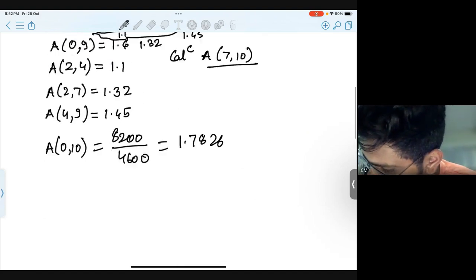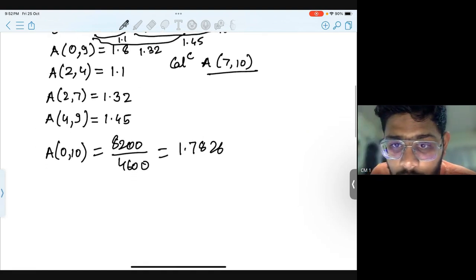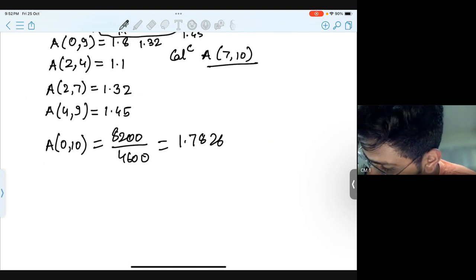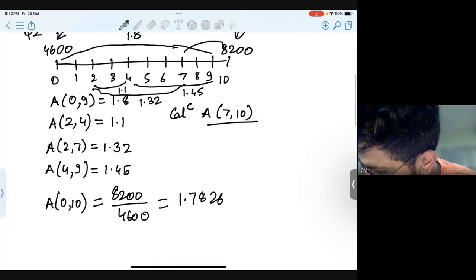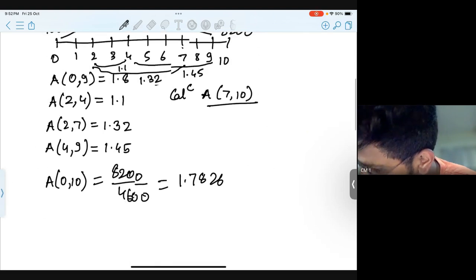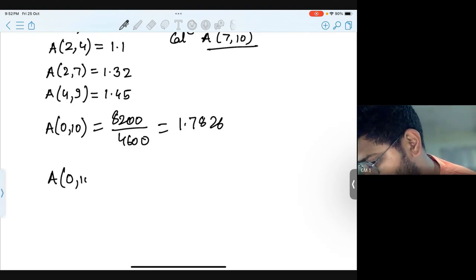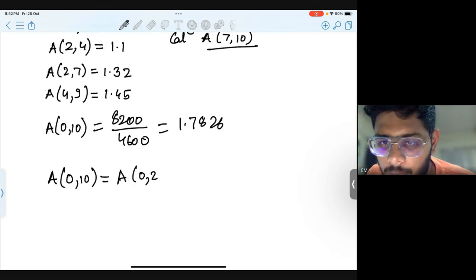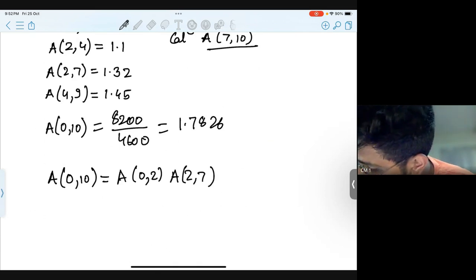अब, we have, okay, A010 is equal to A02, A27 and A710.